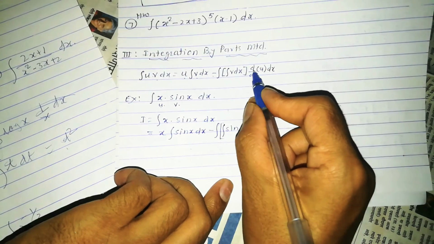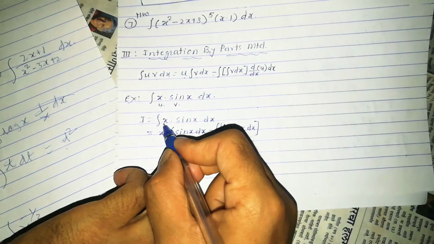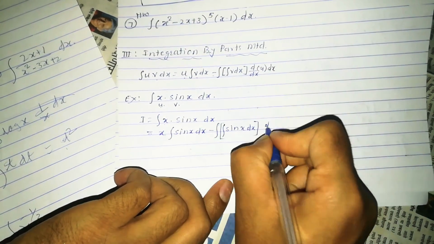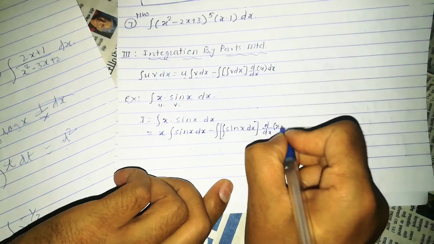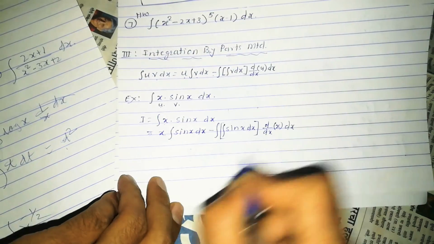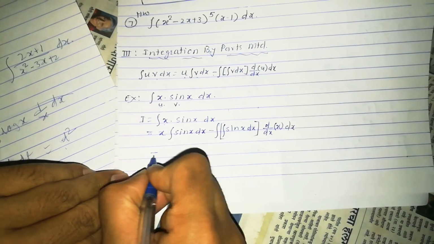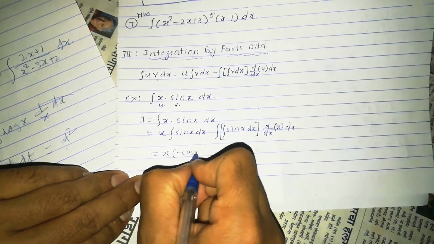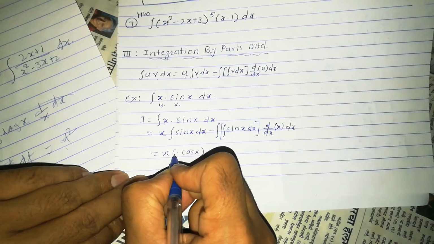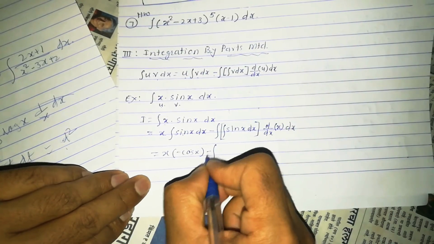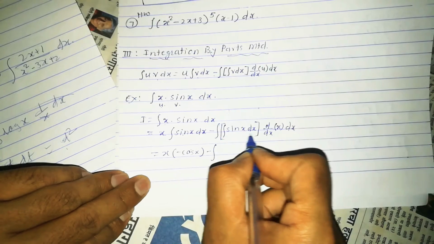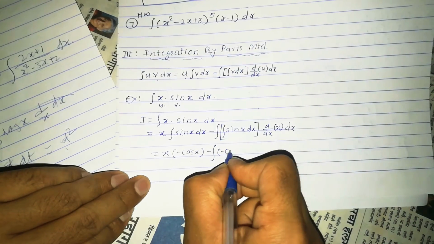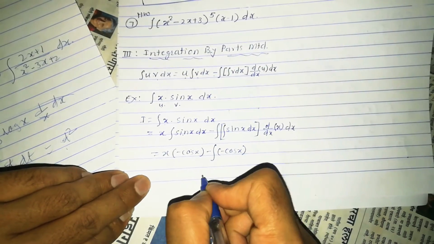And next it is d by dx of u, that means differentiation of this function, that is d by dx of x, and dx you will get. Now as you know, integration of sin x is going to be minus cos x, so put it in the bracket, minus integration of, now integration of this function is going to be minus cos x, right?